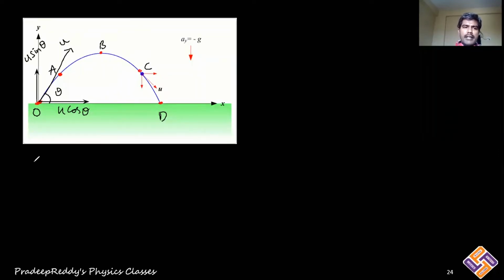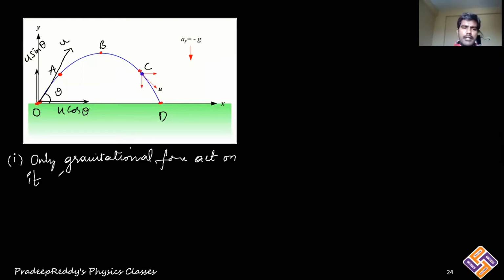Now observe clearly, when you are projecting a body in the plane, point number 1 to be noted is only gravitational force acts on it. Gravitational force acts on it continuously.